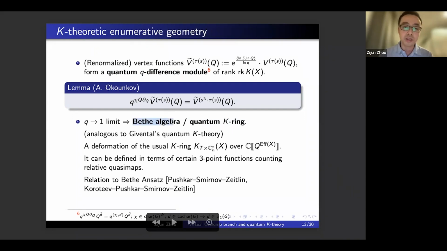This is related to the 3-point functions of these quasimaps, and this quantum K-theory ring is also called the Bethe algebra because the relations in this quantum K-theory ring can often be identified with Bethe equations.